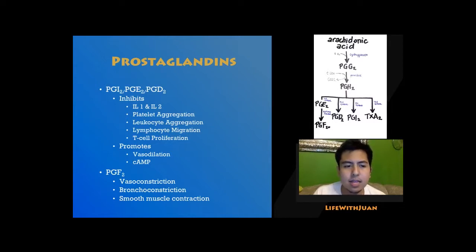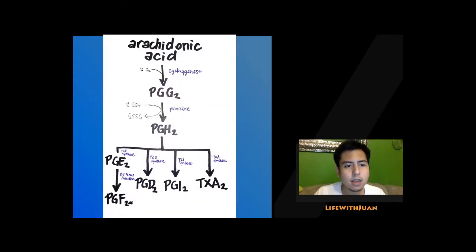Cyclic AMP essentially helps your blood vessels to dilate. Then we have PGF2 alpha, which promotes vasoconstriction, bronchoconstriction, and smooth muscle contraction. So this one promotes vasoconstriction, unlike the prior prostaglandins. Okay, you guys good?